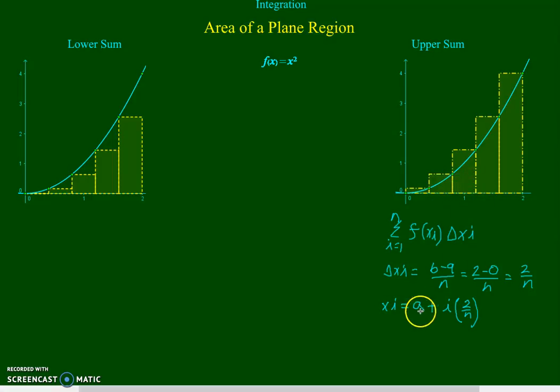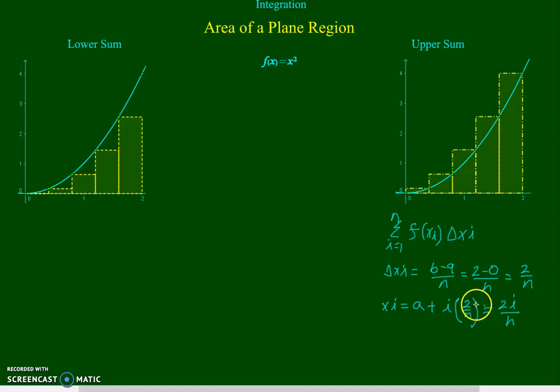So this is the general term for our x sub i, the x-coordinate of the right endpoint of our subinterval. Since our a is 0, this is simply 2i over n. That's our x sub i.